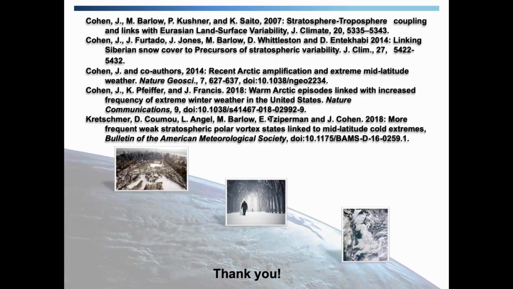One, because the blocking is not lasting as long as I would have liked to have seen. I do think that the fact that the sea ice is so much lower in the Chukchi, Bering, Beaufort Seas than it is in the Barents-Kara Seas, so that's the North Pacific sector versus the North Atlantic sector, right?